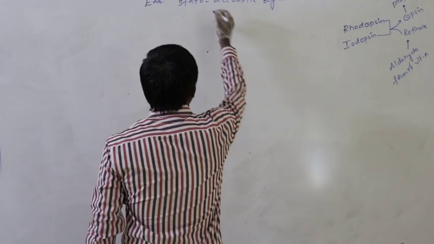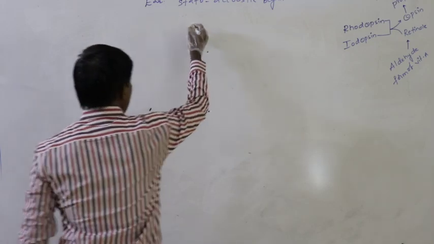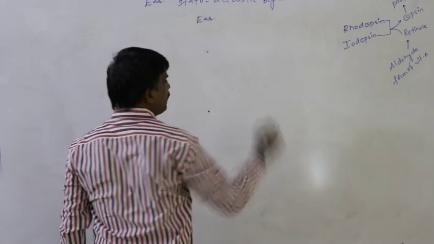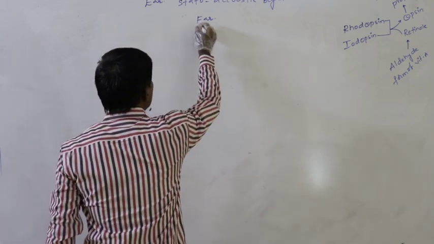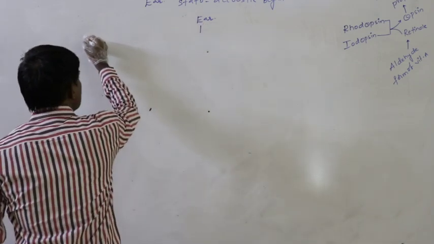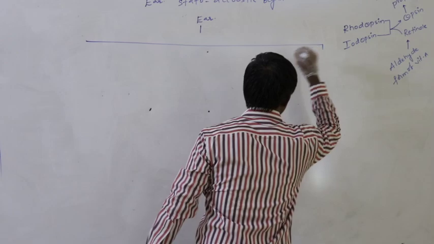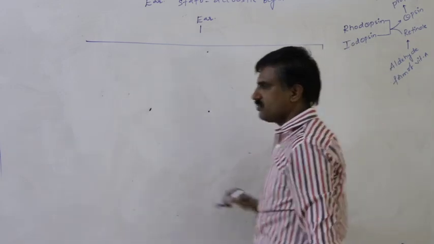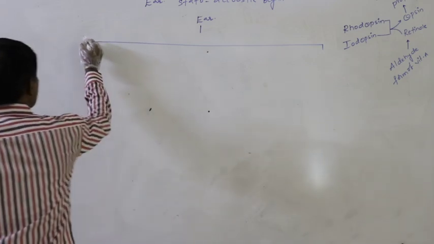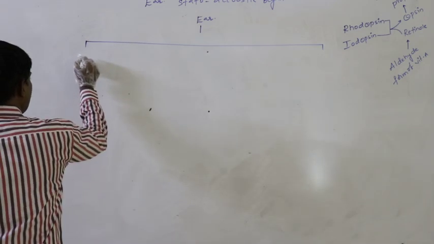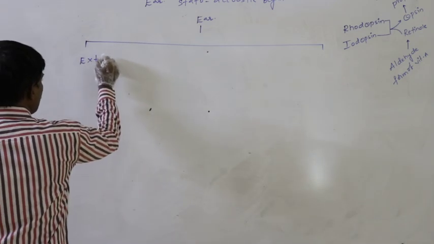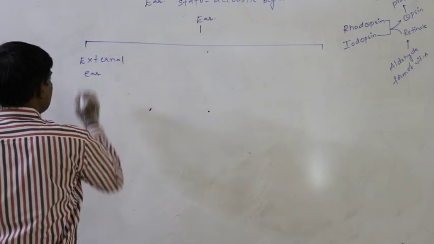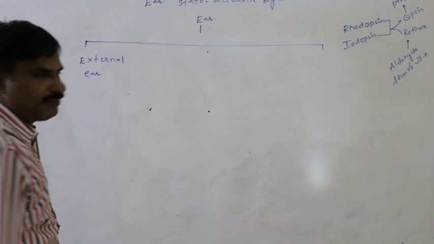Again, in the ear of the person, what are the three principal portions present? First one is the external ear or outer ear.